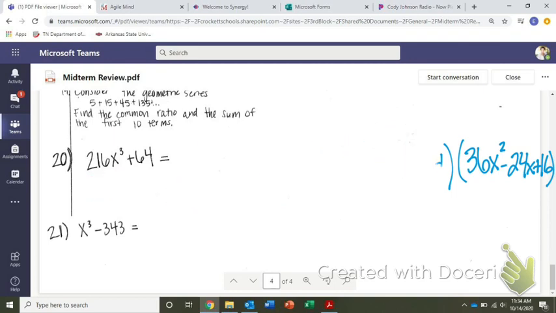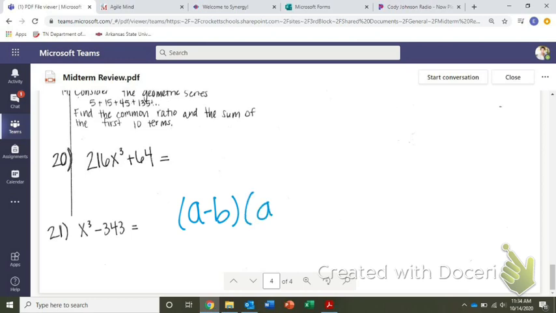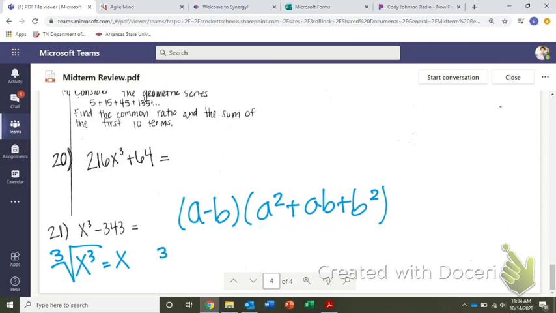Last one, then we're done. It's minus a minus b, a squared plus ab plus b squared. The cube root of x cubed is simply just x. The cube root of 343 is 7.